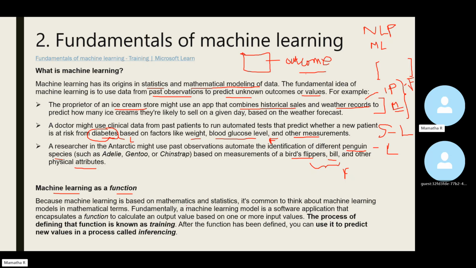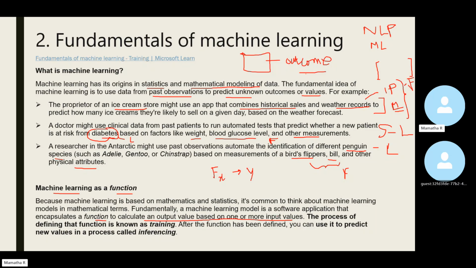We are going to make this function to calculate an output value. Whatever function we define, it will take multiple input values and give me the output which I am expecting.